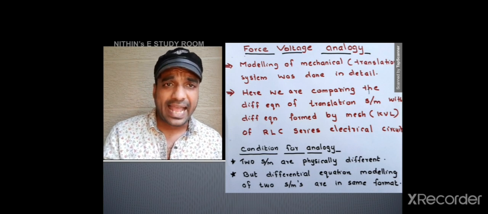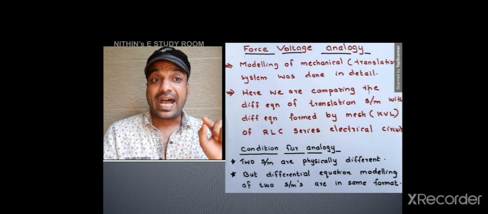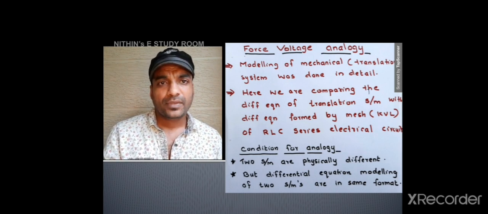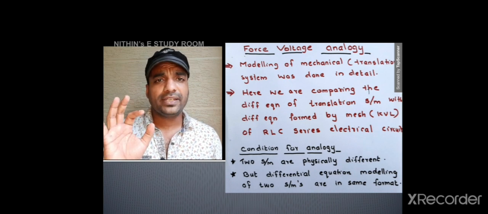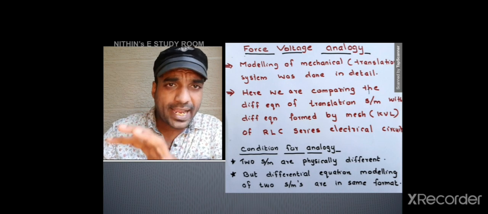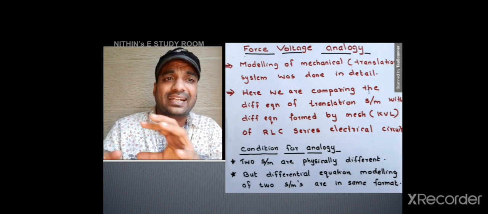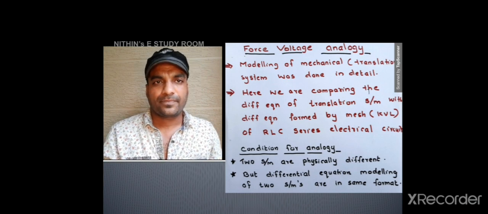In the next analogy, that is force current analogy, you will be dealing with an RLC parallel network. So, this point should be very clear. In case of force voltage analogy, you have to compare the mechanical translational system with an RLC series electrical circuit.